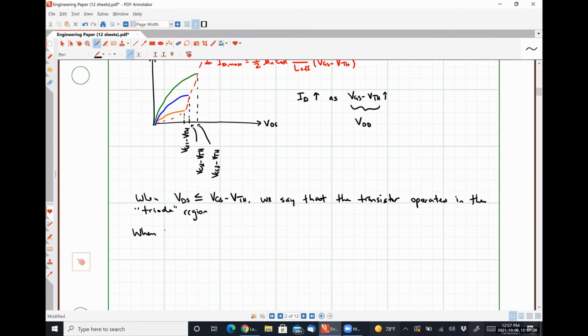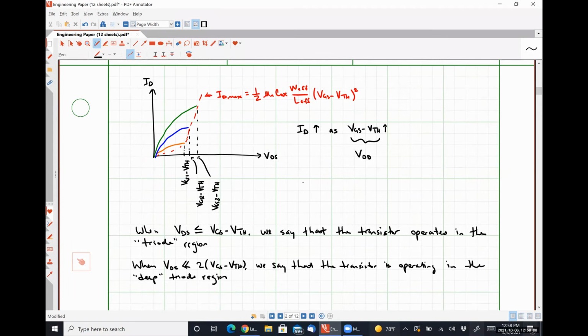All right. So when VDS is much less than twice VGS minus VTH, we say that the transistor is operating in the deep triode region.